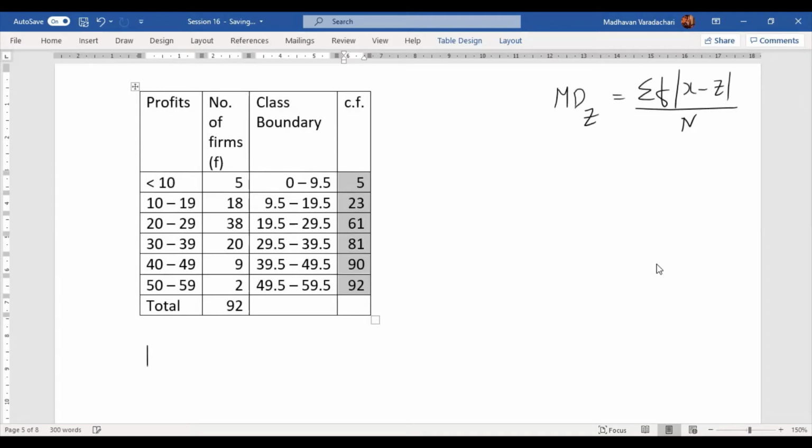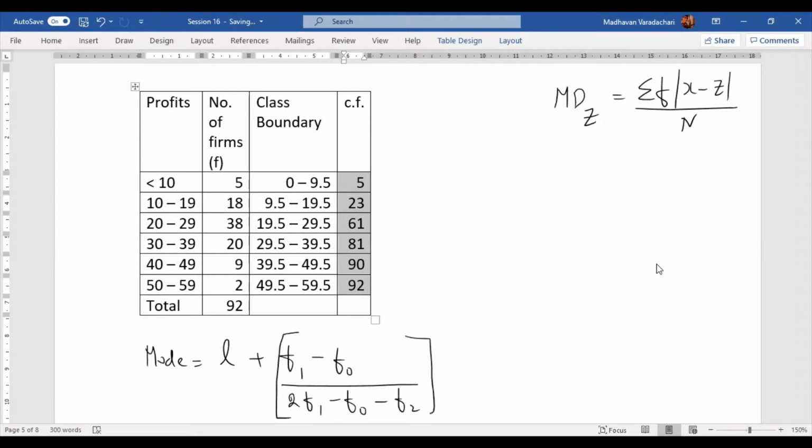Let me write mode is equal to L plus F1 minus F0 divided by 2 times F1 minus F0 minus F2. This whole thing multiplied by I. So for this, you need not require the cumulative frequency table.